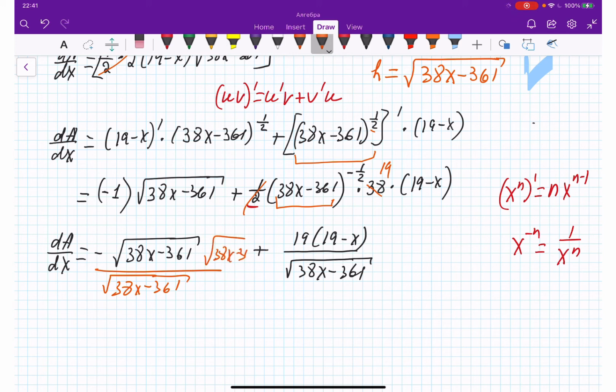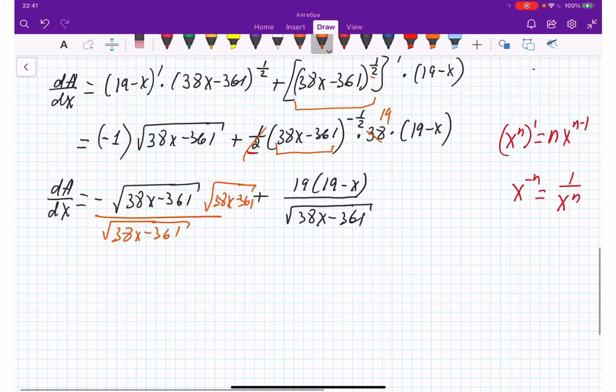From here, square root times square root, the square root is canceling, right?